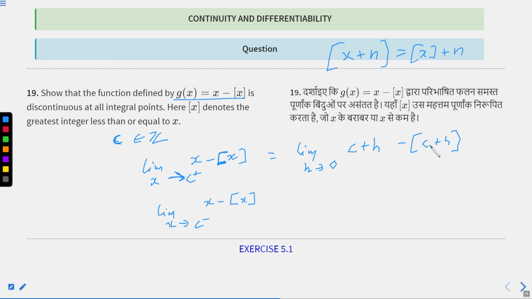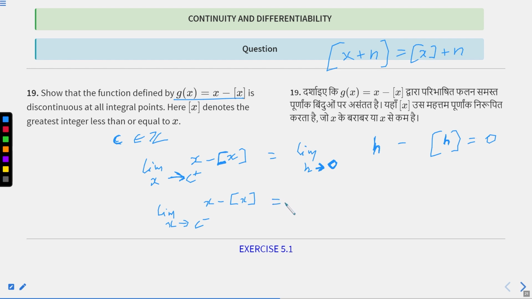So this will be c plus the greatest integer of h. Then c will get cancelled, and h is moving towards 0, very near to 0. This means this will be 0. Clear?